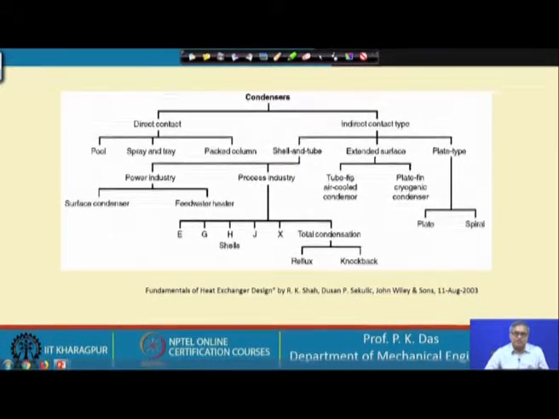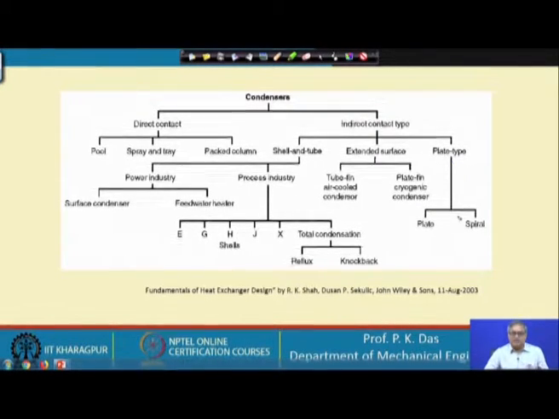Already we have taken a fin tube heat exchanger example where condensation is taking place, and we have solved that problem, so you can remember from there. So, tube fin is one kind of example, and then plate fin is another, for air liquefaction cycles, etc. In cryogenics, there are a lot of applications of plate fin heat exchangers.